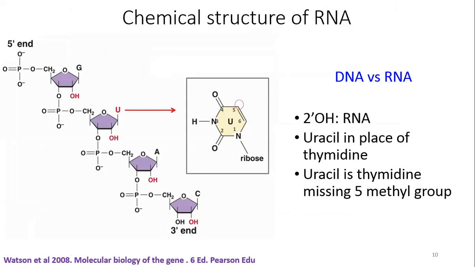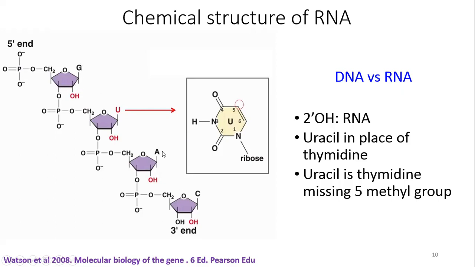The backbone is usually formed of phosphate and a sugar moiety, phosphate, sugar, phosphate, sugar, and this backbone would be attached to one of the bases. In case of RNA, in place of T or thymine, you have got uracil. All the remaining 3 bases are the same in DNA as well as in RNA.